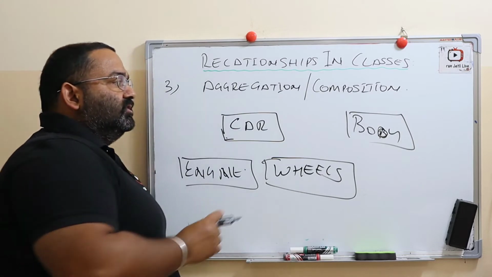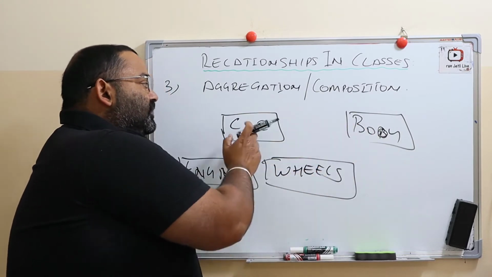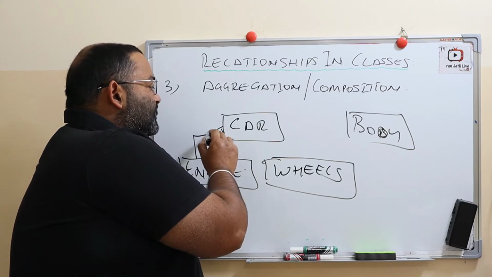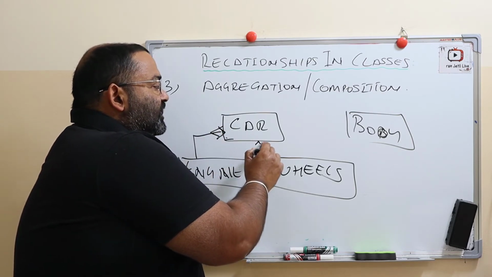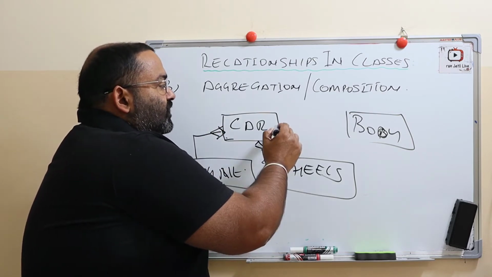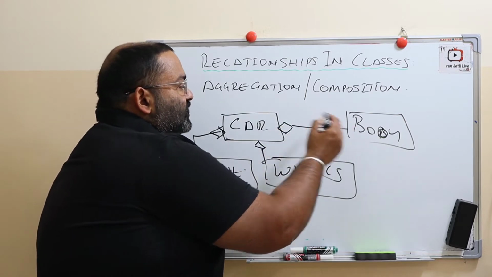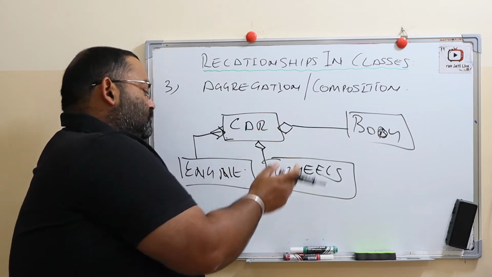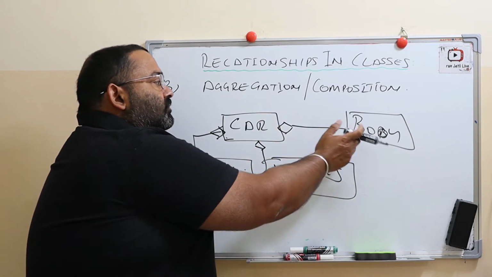Okay, so these parts together make up a car. So what is this? This is an aggregation. And guys, aggregation is denoted by a diamond. A car is an aggregation of engine, wheels and body.